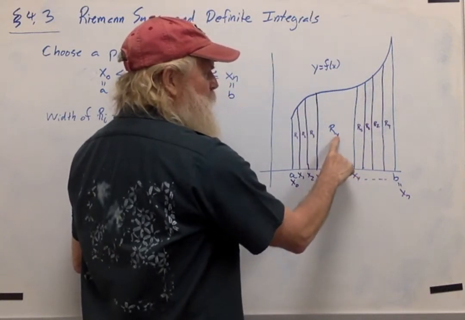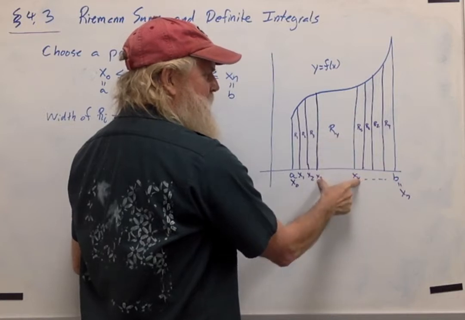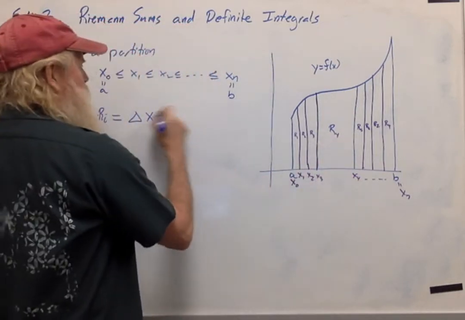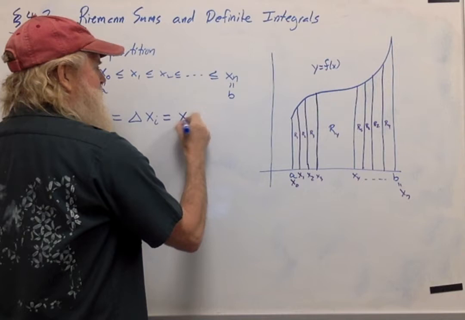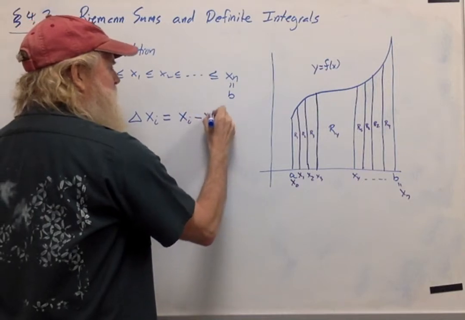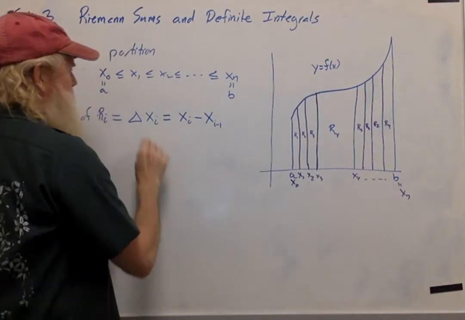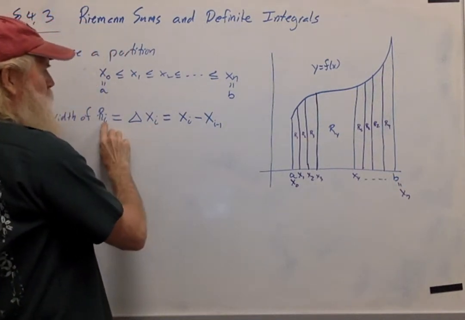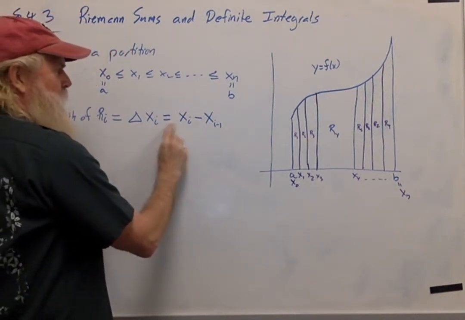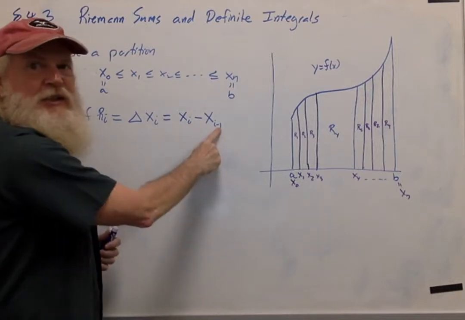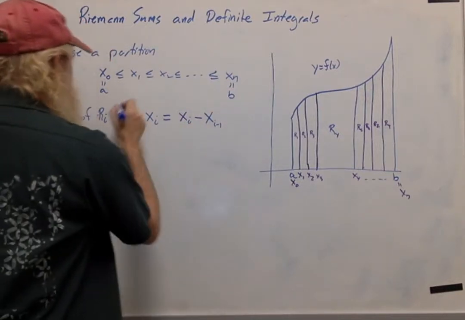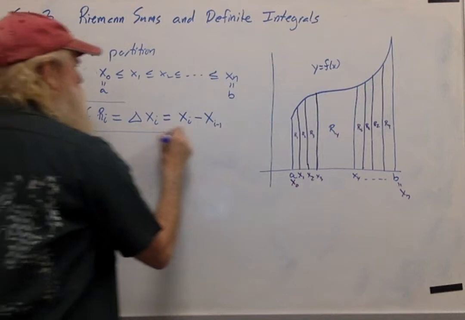So since the right endpoint of r sub I is x sub I, the formula for delta x sub I is x sub I minus the previous one, which is x sub I minus 1. So the width of R4 is delta x sub 4, which is x4 minus x3. So that's what we use for the width.